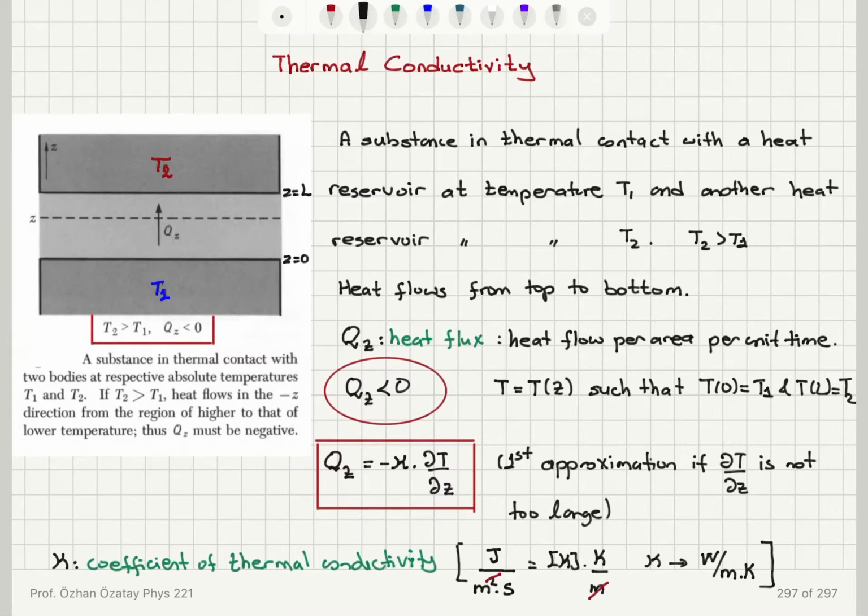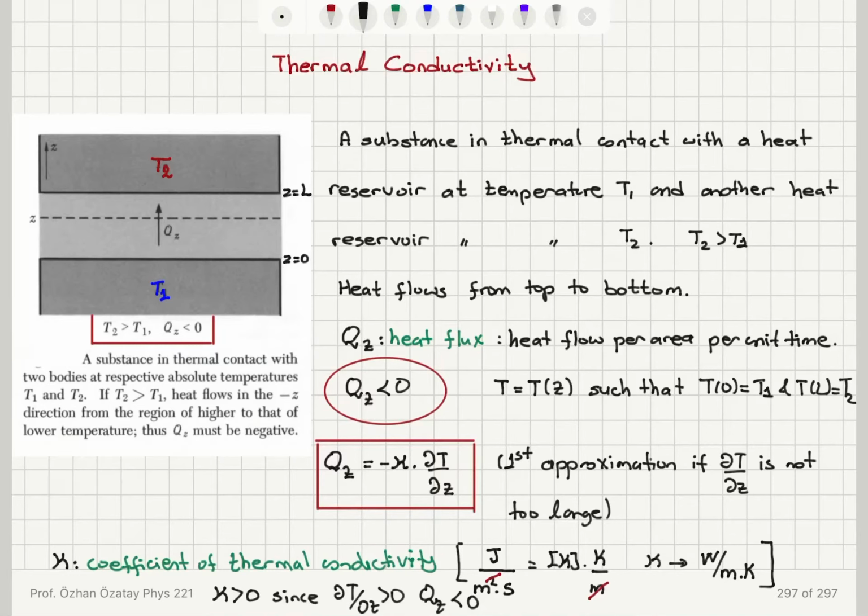And kappa is also always a positive quantity, and as you can see, when the temperature gradient del T del Z is positive, the heat flux has to be negative, because the heat always flows from the hot object to the cold object, which is due to the second law of thermodynamics.